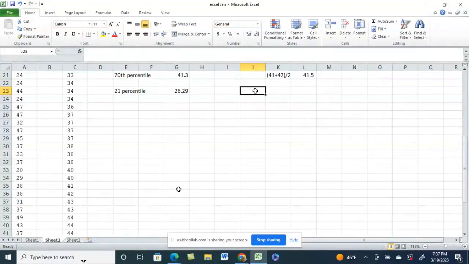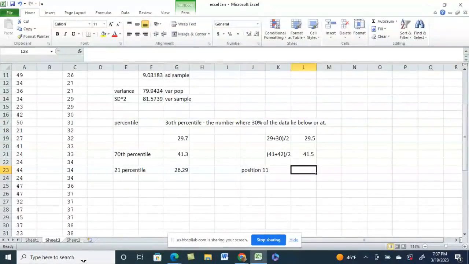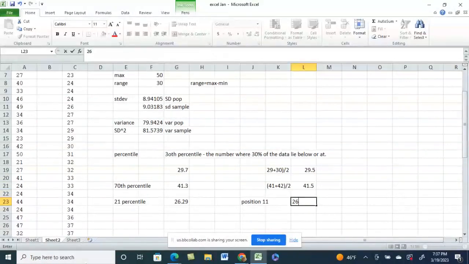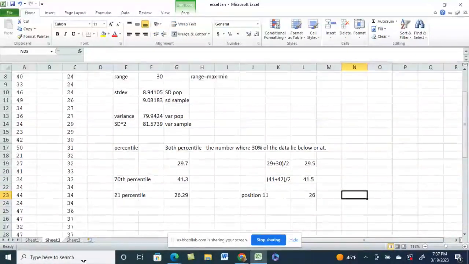But when we did the formula, that was position 11, and the number in position 11 is 26. So again, a little off, but it doesn't matter because you still have 21% of the data at or below the number 26. So they're close enough. Excel is more accurate because it uses interpolation.